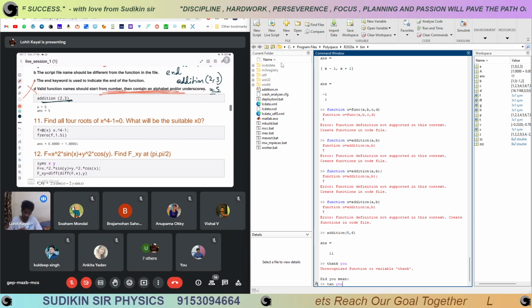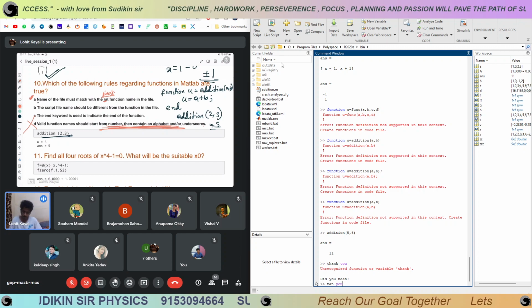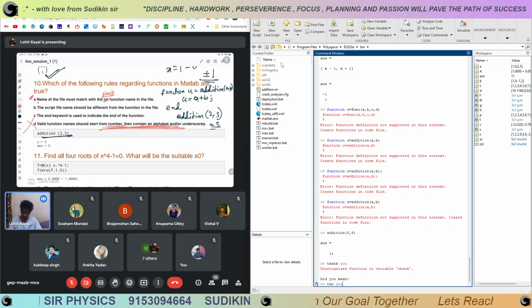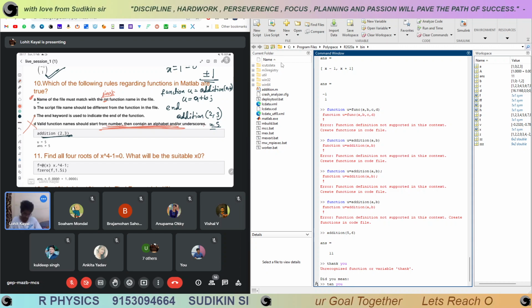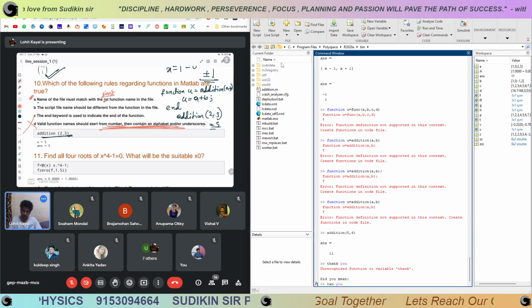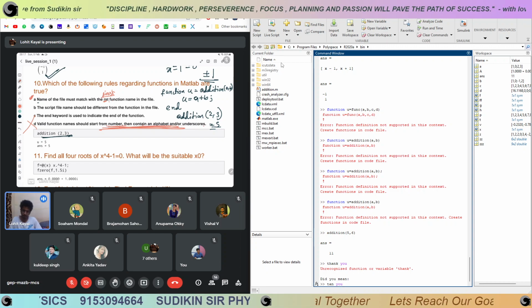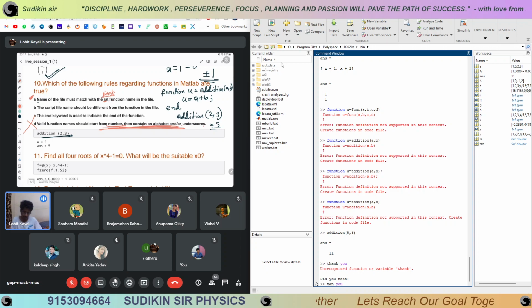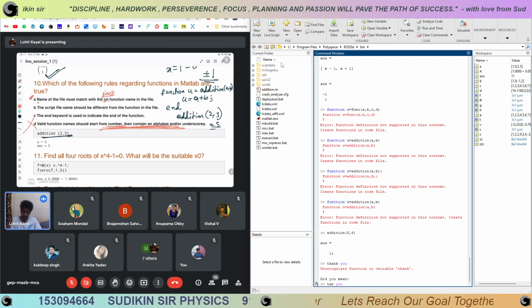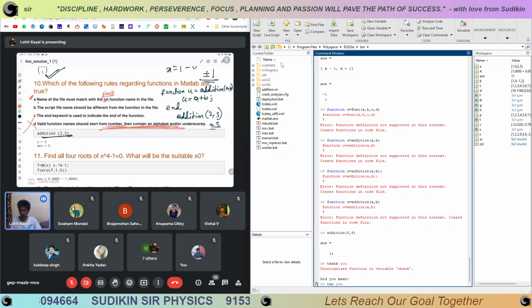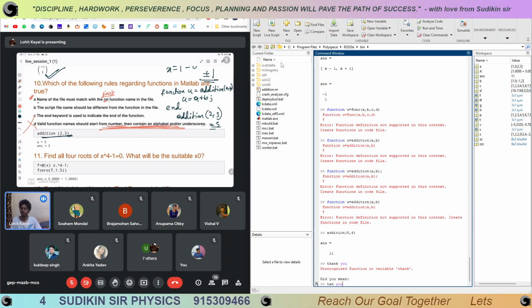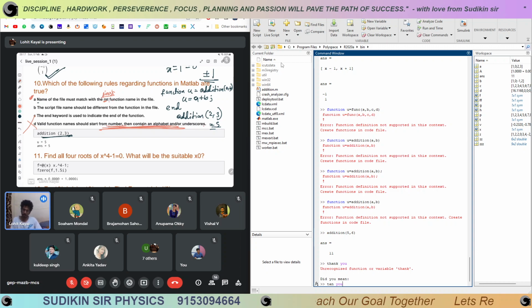Okay. So the question says, which of the following rules regarding functions in MATLAB are true? First, as Pramanik showed on his shared screen in MATLAB, the name of the file must match the function name in the file. If you write something like function addition AB, then MATLAB will automatically choose the file name addition.m.